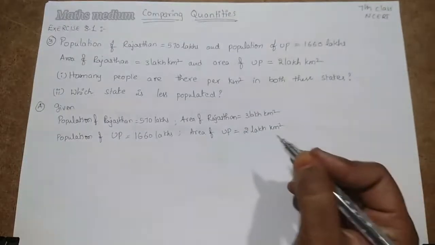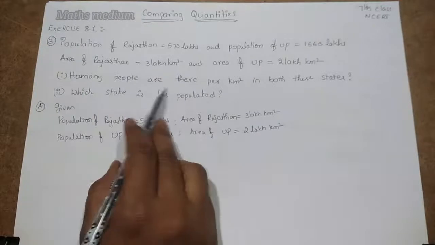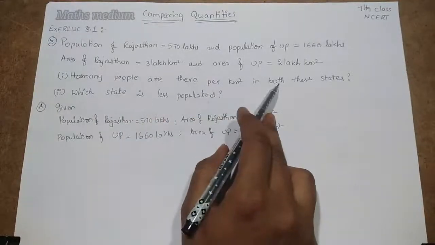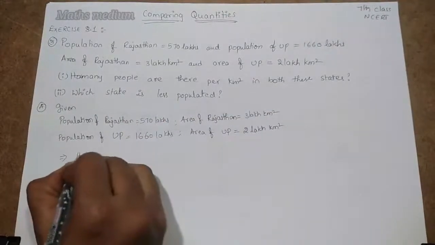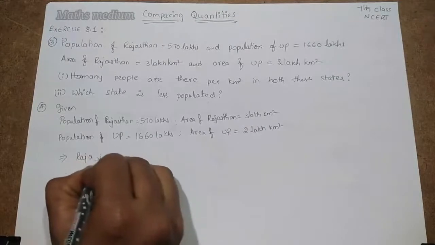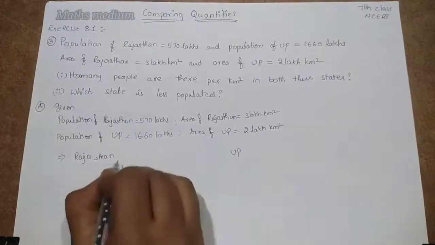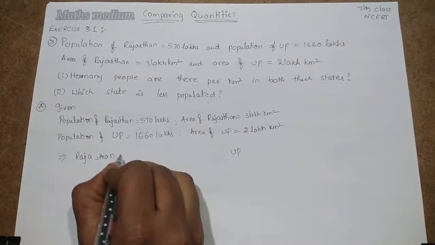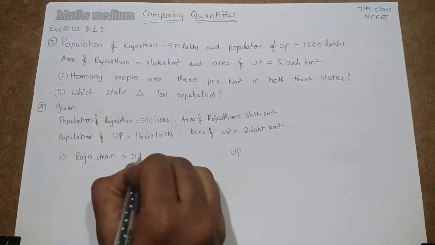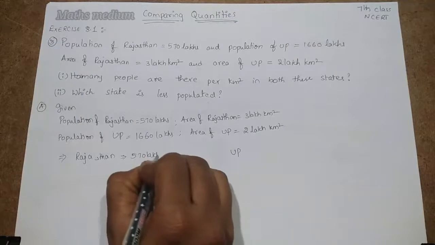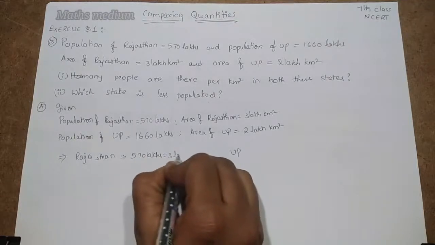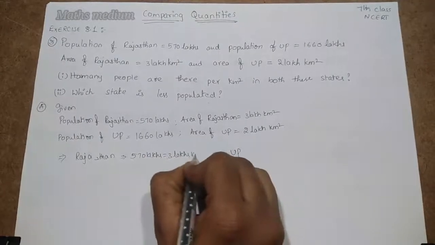Now, here how many people are there per kilometer square in both these states? If you take Rajasthan and here take UP, okay? Now, Rajasthan having 570 lakhs is equal to 3 lakh kilometer square.